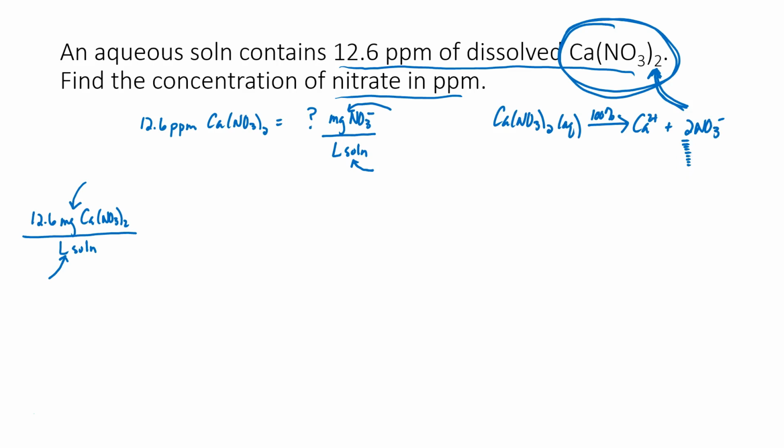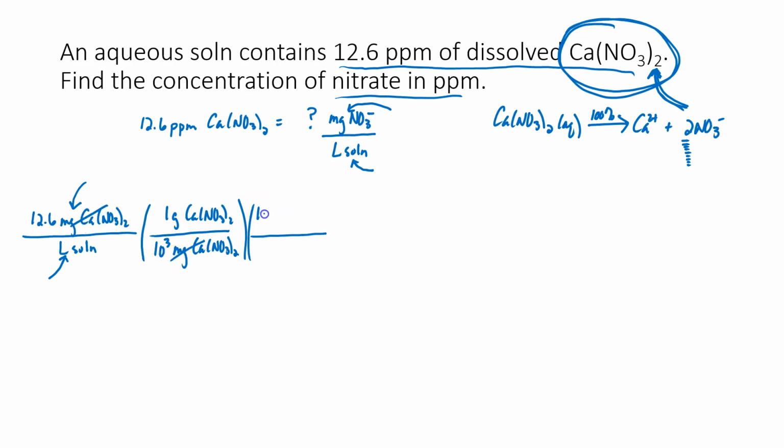So writing this equation has helped me remember that for every 1 mole of calcium nitrate, we've got 2 moles of nitrate. So I'm thinking we're going to have to convert these milligrams of calcium nitrate into moles. So I'm going to say 1,000 milligrams of calcium nitrate are in 1 gram. And then I'm going to use the molar mass of calcium nitrate to convert into moles.